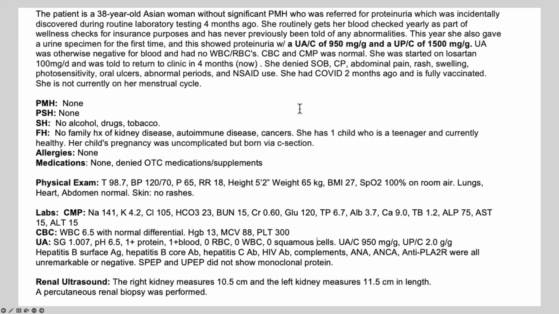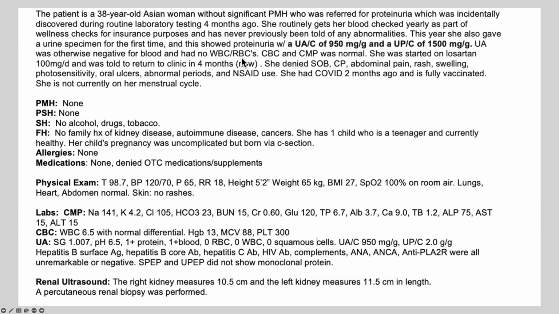So our case today is about a patient, a 38-year-old Asian female with no significant past medical history, who was referred to the nephrology clinic for proteinuria, which was actually incidentally discovered during routine laboratory testing about 4 months prior. She routinely gets her blood checked yearly as part of wellness checks for insurance purposes and has never previously been told of any abnormalities.